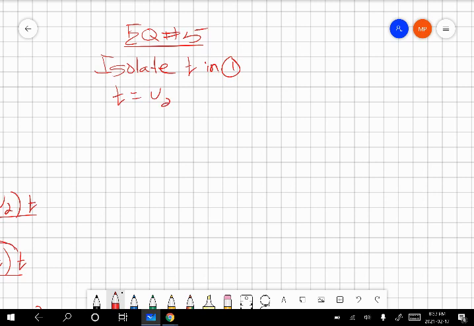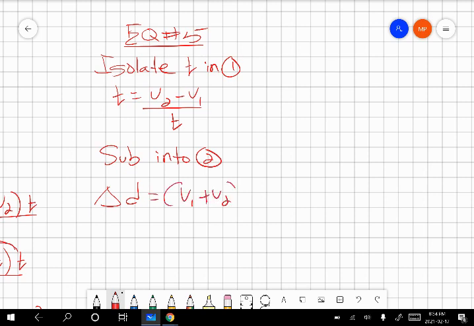Time equals V2 minus V1 all over A. I don't need to rewrite that. And then, of course, we're going to sub into equation 2. I'm going to write equation 2 again. Delta D equals V1 plus V2 times time over 2.